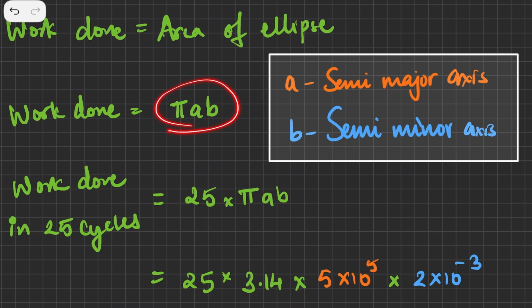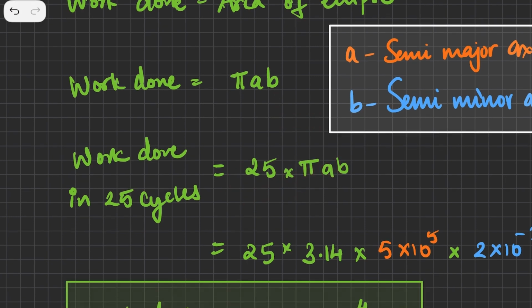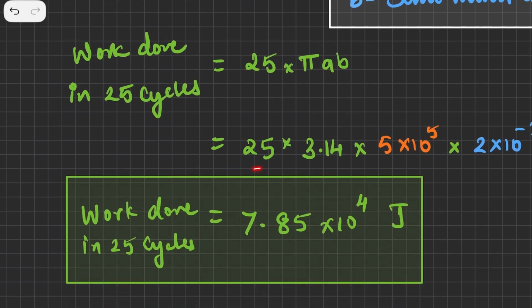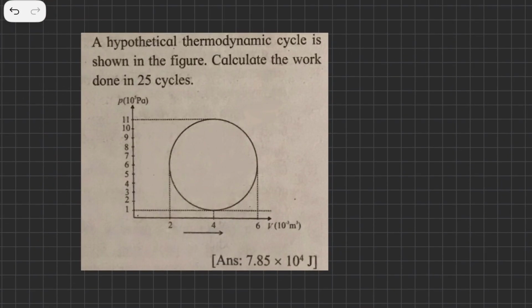Now this is pi into a b. Work done in one cycle would be pi into a b. In 25 cycles it would be 25 into pi into a b. So this was for one cycle, and now we are doing it for 25 cycles. So 25 as it is, the value of pi is 3.14. A is the semi-major axis. Taking from this diagram, this is the center, and this distance is 5 into 10 raised to 5.